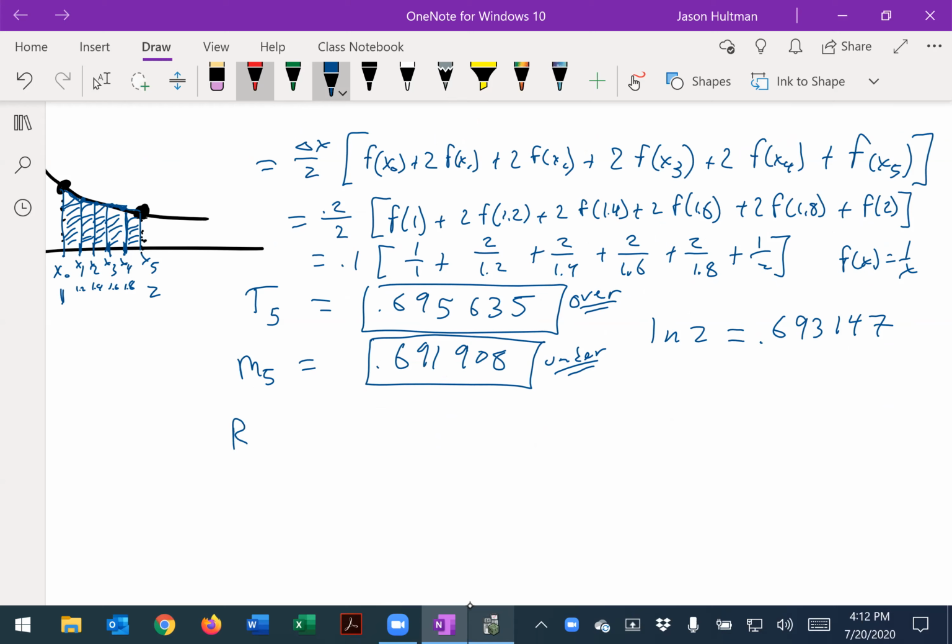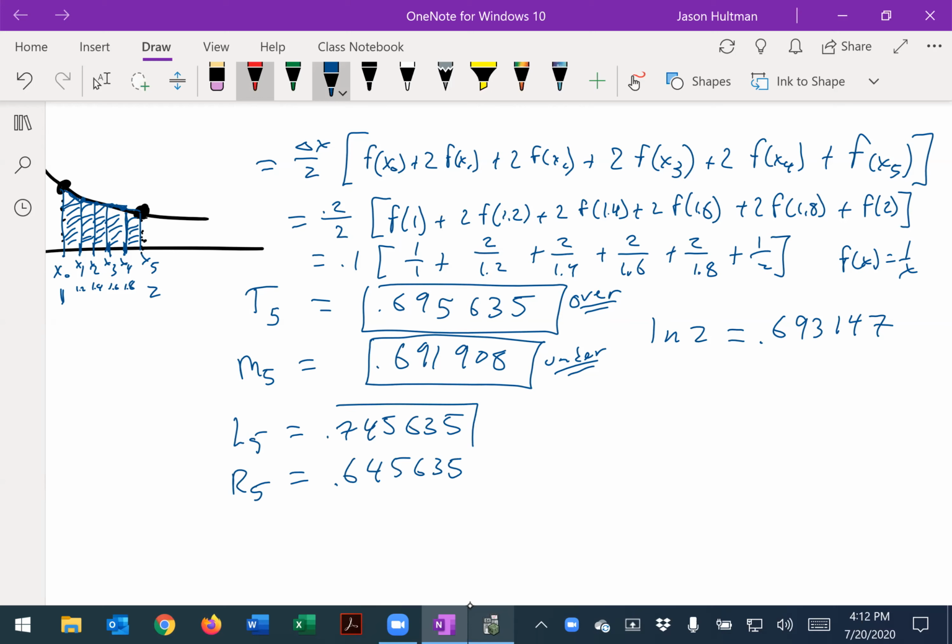What was L sub 5? L sub 5 was equal to 0.745635. And R sub 5 is equal to 0.645635. Remember, they were off by 0.1.